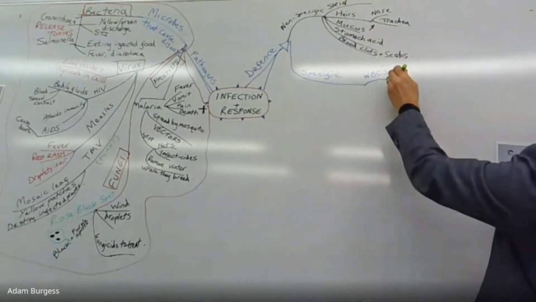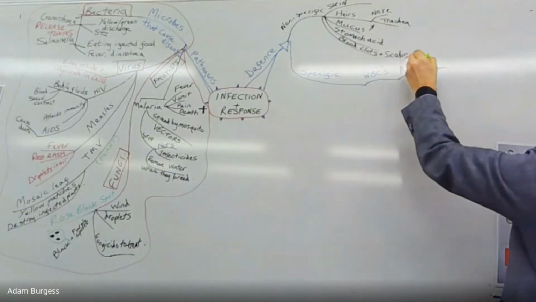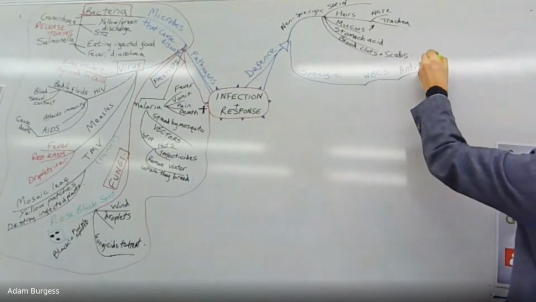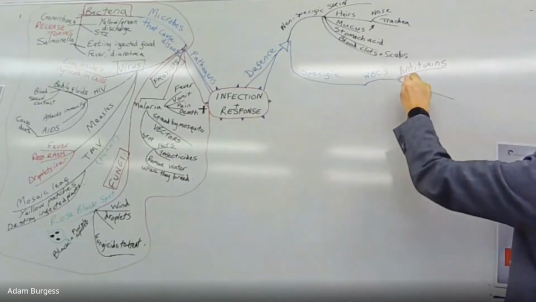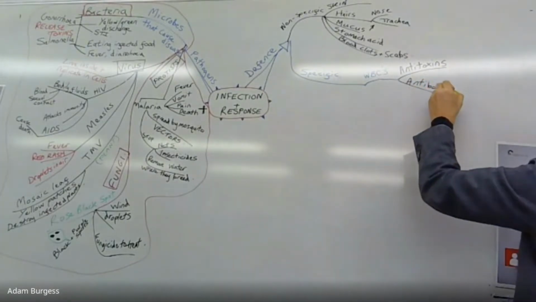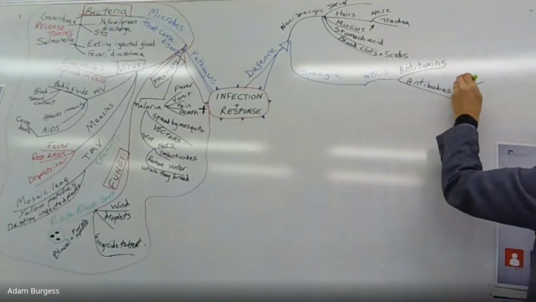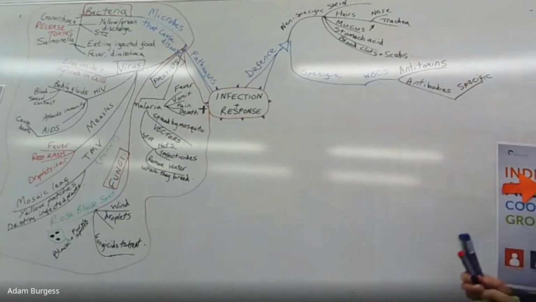The first thing is they produce antitoxins to neutralize any toxins from bacteria. They produce antibodies, which we'll talk about a bit more, but they're specific to a particular disease.